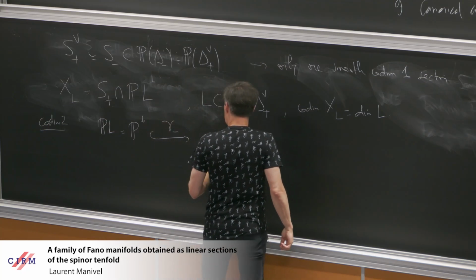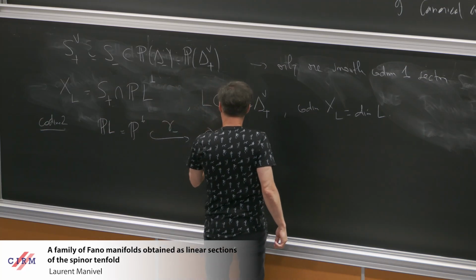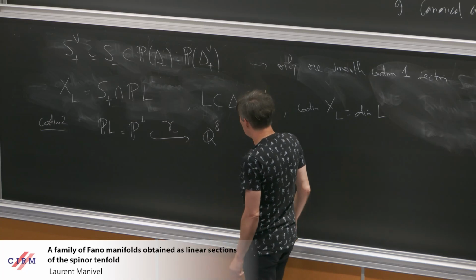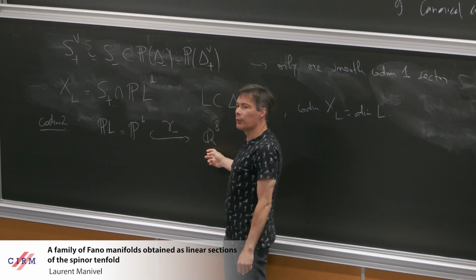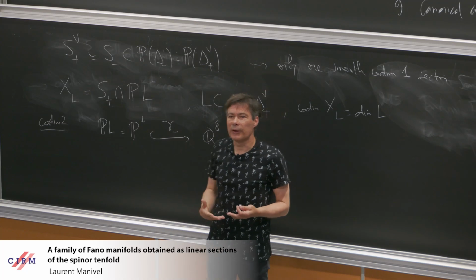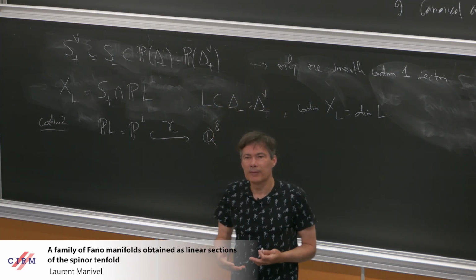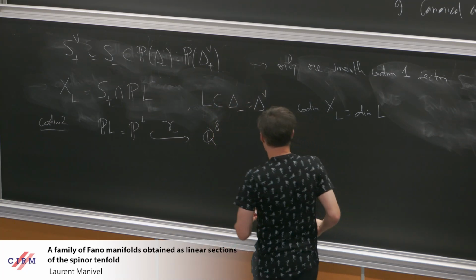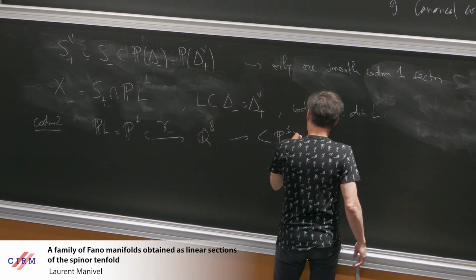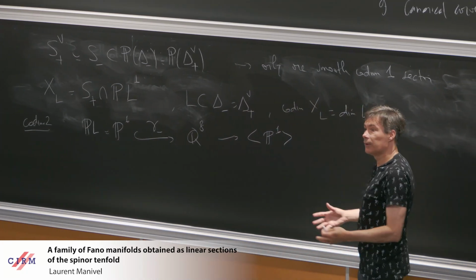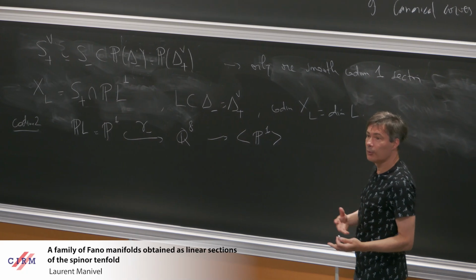It takes me into Q8, so this is a quadratic map. So I get a conic inside the quadric. And you know there are two types of conics in a quadric. There are two possibilities. If you look at the linear span of this conic, it can either be contained in the quadric or not.